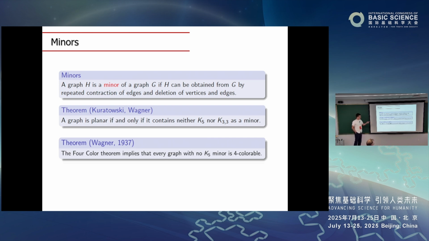You might need four colors when you don't have a K5 minor, for example if you have a complete graph on four vertices. So the bound on the number of colors is tight.